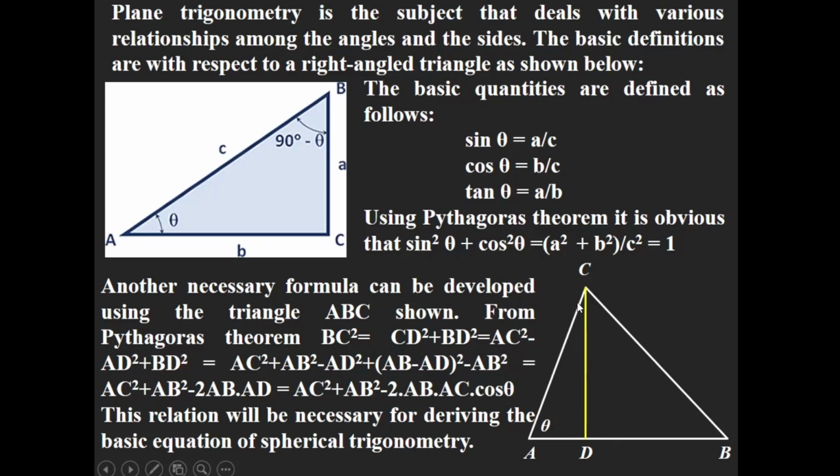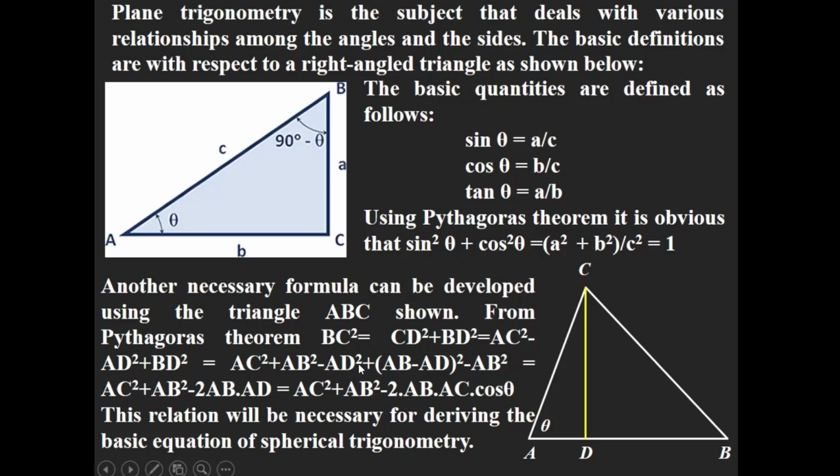CD square is nothing but CA square minus AD square. So, CD square we replace by AC square minus AD square, and plus BD square. So, this is AC square plus AB square minus AD square.